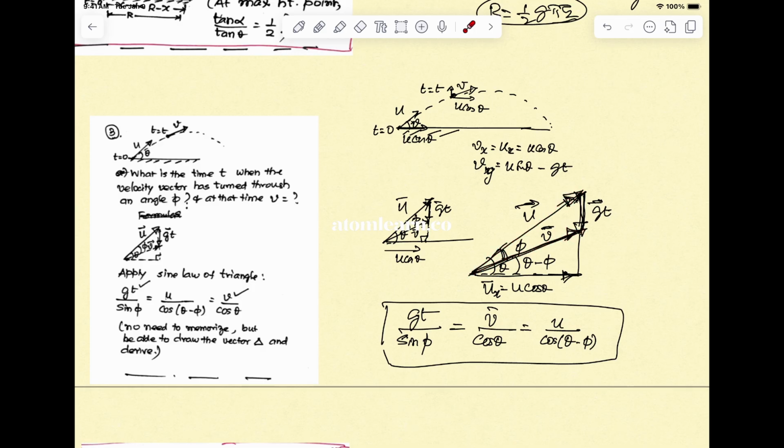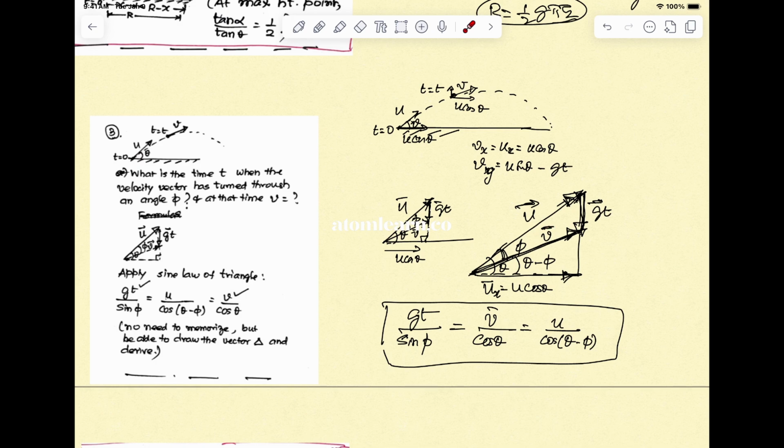The angle between the initial and final velocity vectors is phi. What is the time at which it has turned by phi is the first question. And the second question is, what is the new velocity value, that is v.